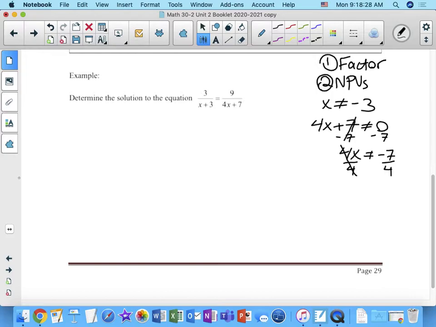Okay? Now the third thing that we're going to do is identify the LCD and multiply everything in the equation by the LCD.